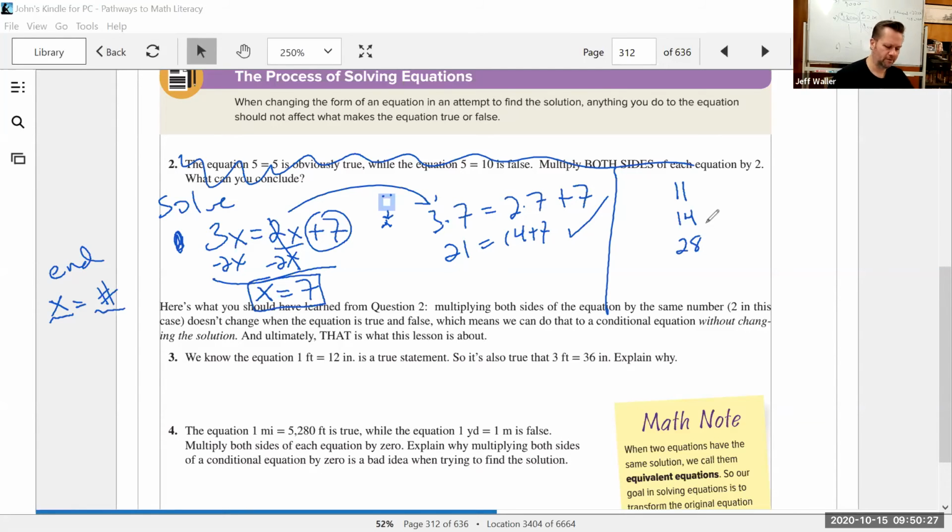Now subtract twice your original number. So for me, I'm going to subtract 22. Subtract twice your original number. If you did it all correctly, you should all end up with the same number I got.